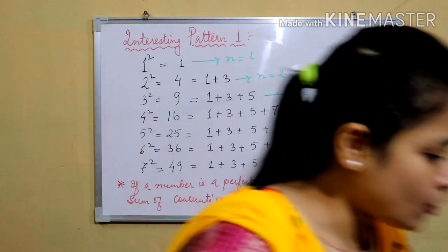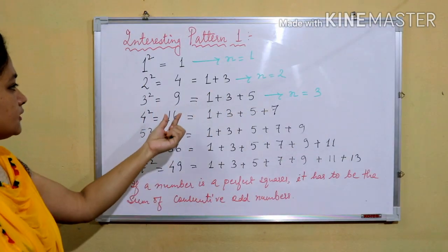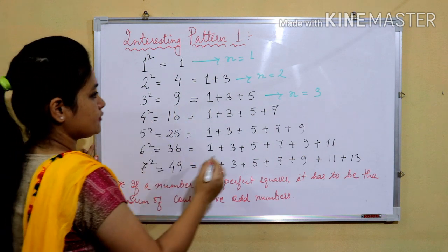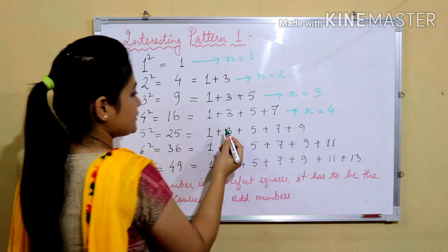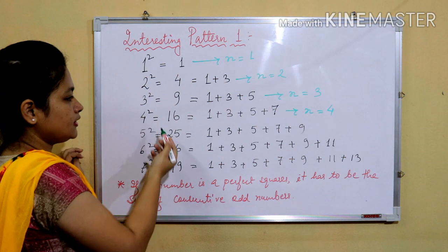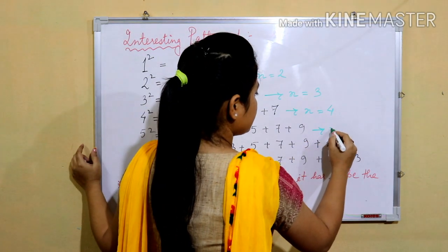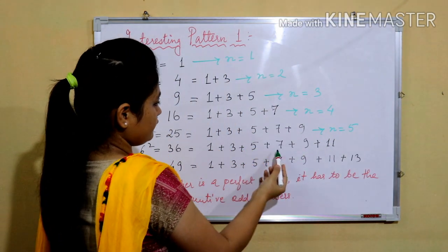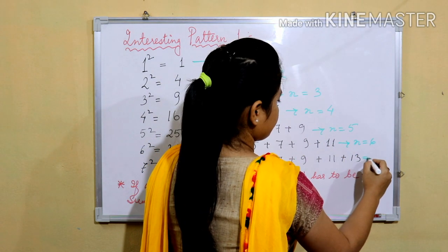If you add 3 consecutive odd numbers, you will get 3 square, which is equal to 9. In this case, your n equals 4. That means if you add 4 consecutive odd numbers, you will get a perfect square. Same way, in this case, your n equals 5. Here 1, 2, 3, 4, 5, 6. So n equals 6.